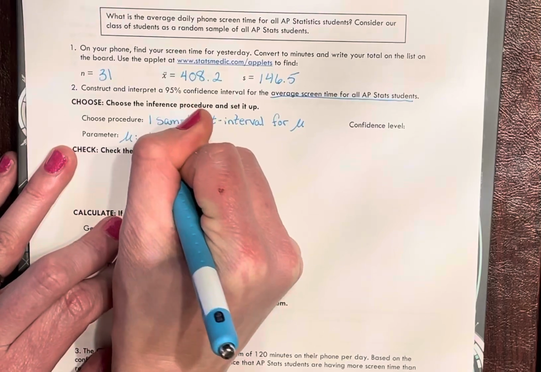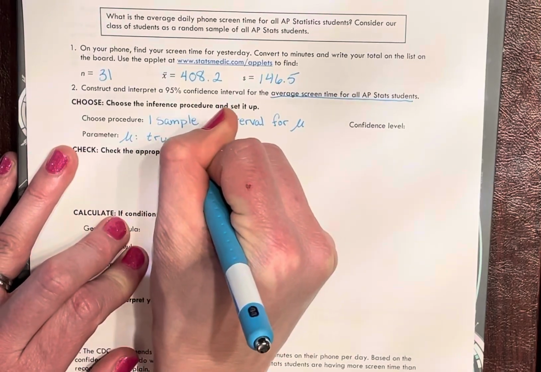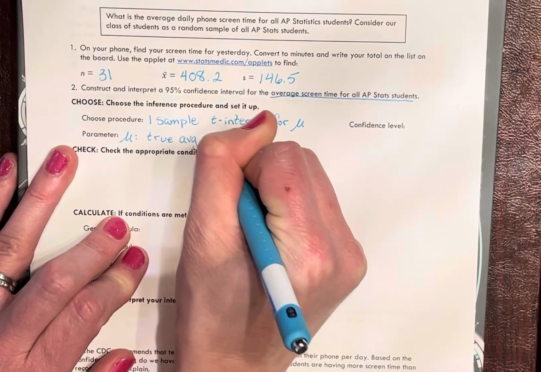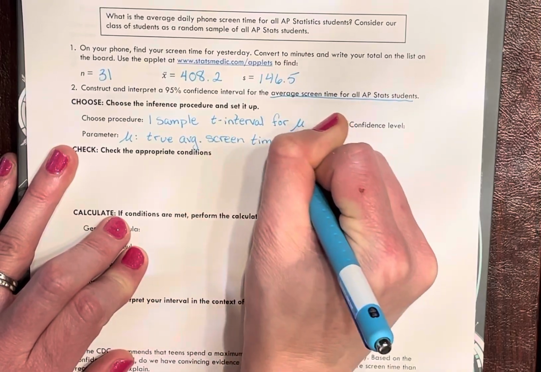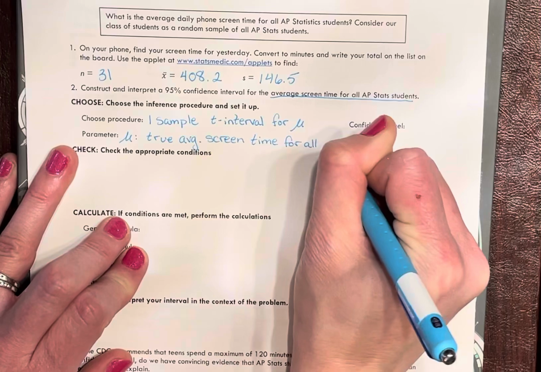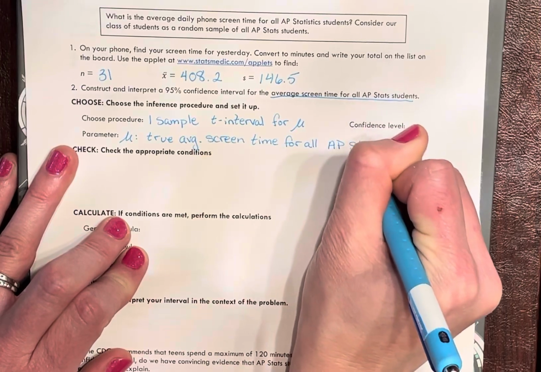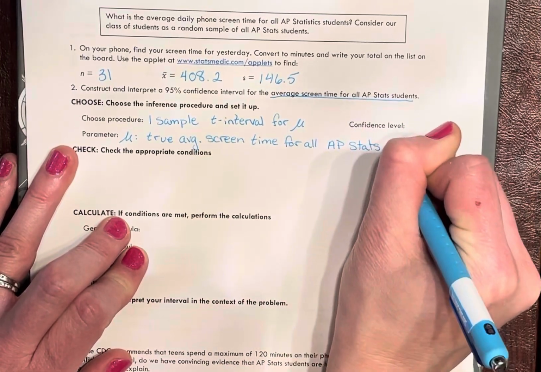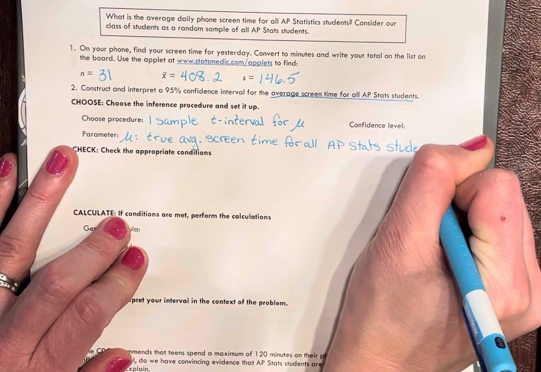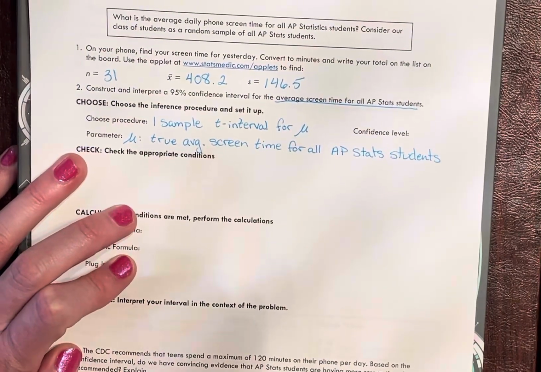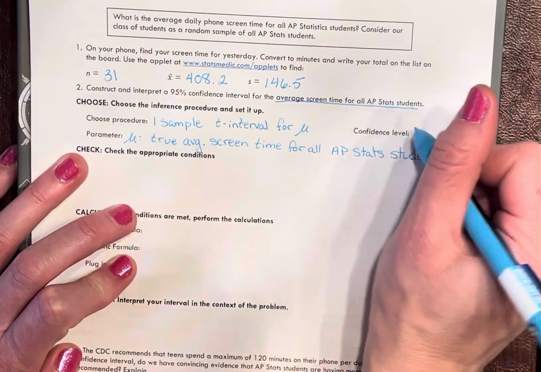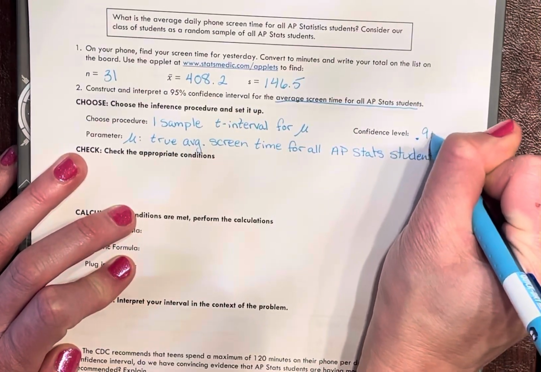So we're going to say true average screen time for all AP Stats students. And our confidence level, it told us that in the problem, 95%.